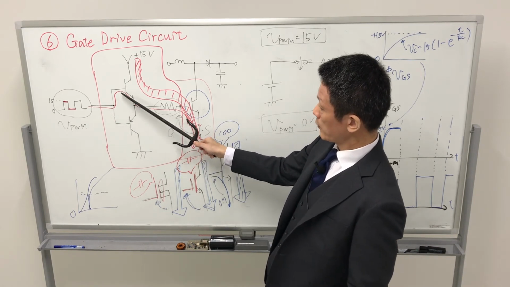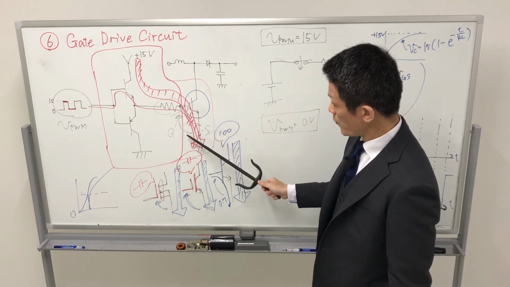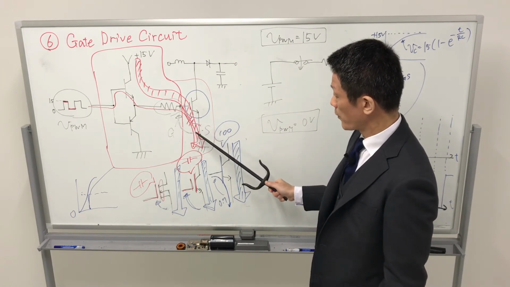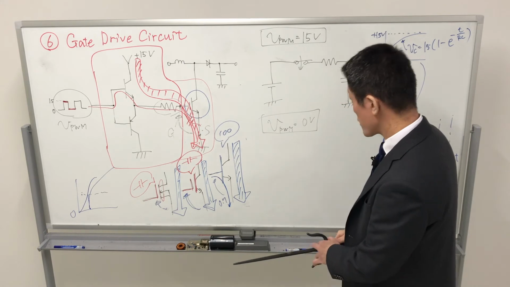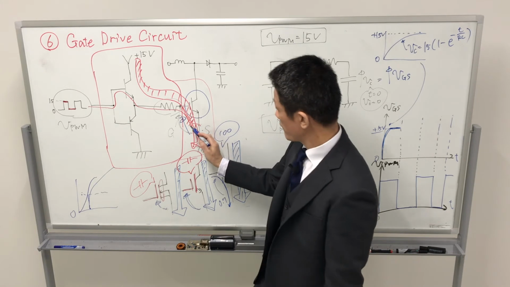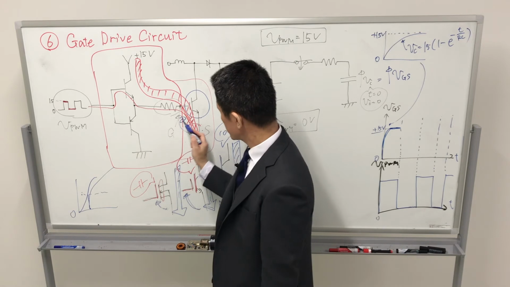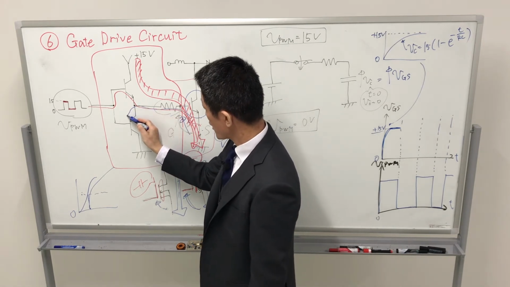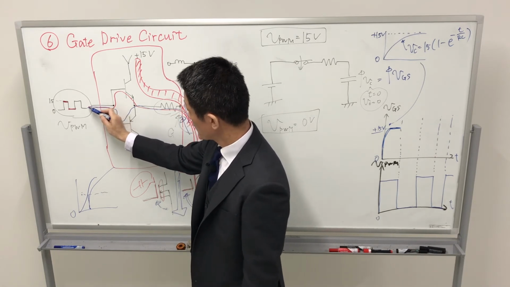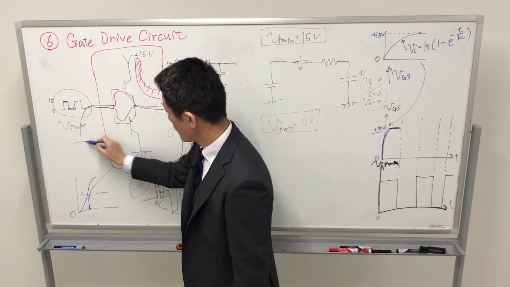The current cannot flow through like this. And we can use the charged energy of the gate source voltage. The charge flows through the PN junction first, because this line equals 0, ground side, so 0. Okay.